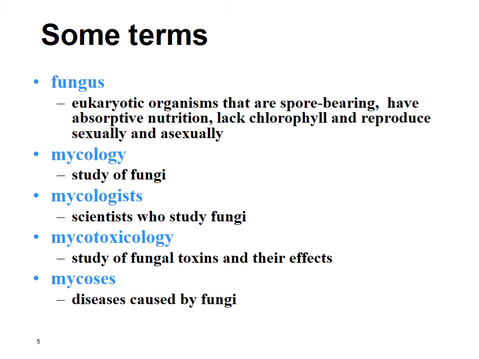And this is just one of the major differences between kingdom fungi and kingdom plantae. Scientists who study fungi are called mycologists, and the study of fungi is called mycology. The study of fungal toxins and their effects is referred to as mycotoxicology, and diseases that are caused by fungi are referred to as mycoses.